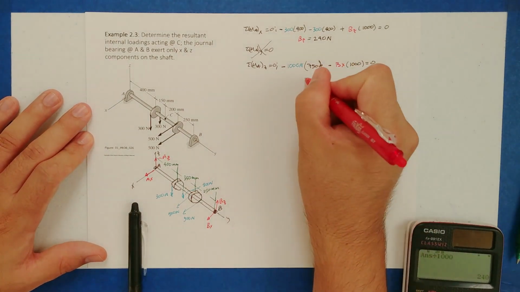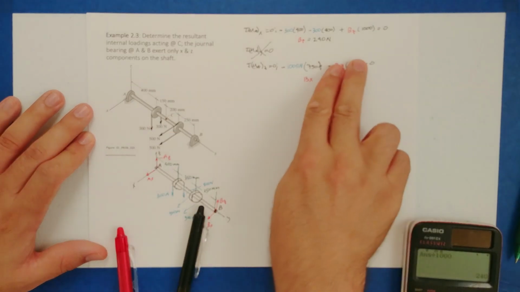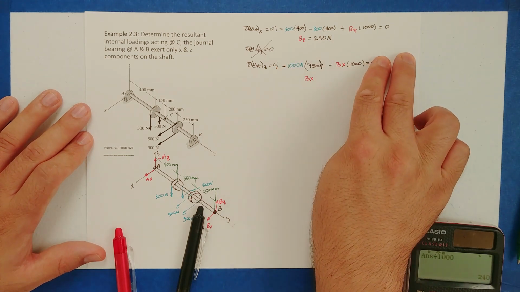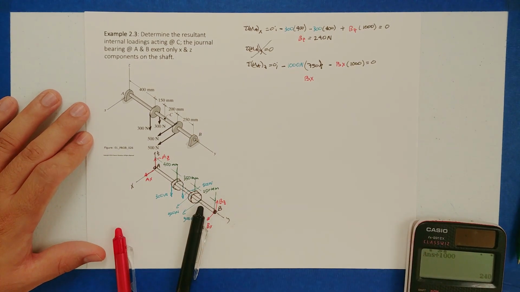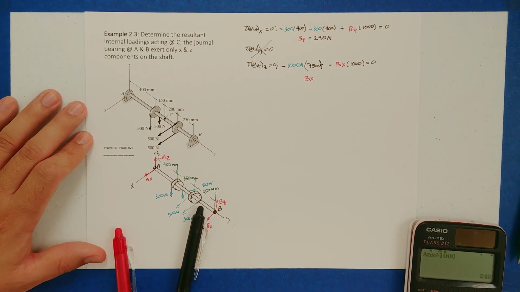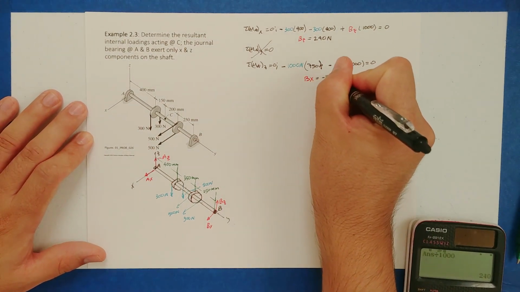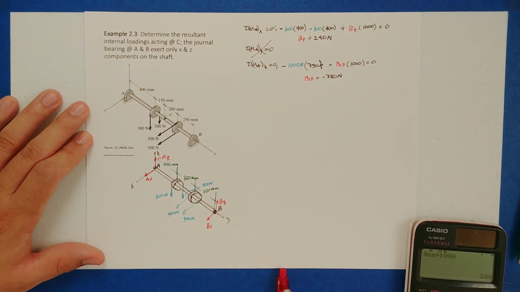We can solve for the reaction force BX from here. How would I do so? I can move, for example, this to the other side, becomes positive, and then divide by a negative 1,000. So 750 times 1,000 divided by 1,000 is just going to be 750, right? So BX is going to be equal to minus 750 newtons, right?